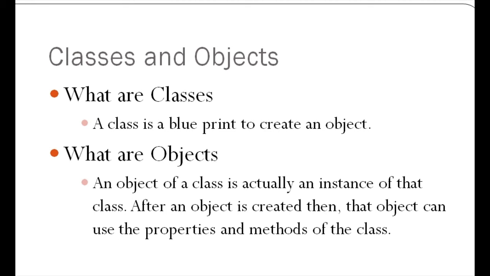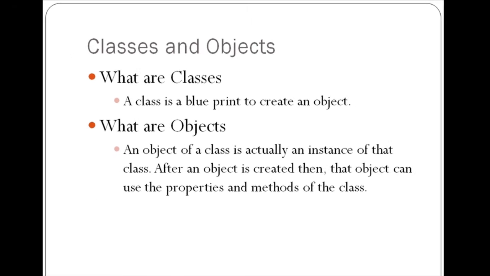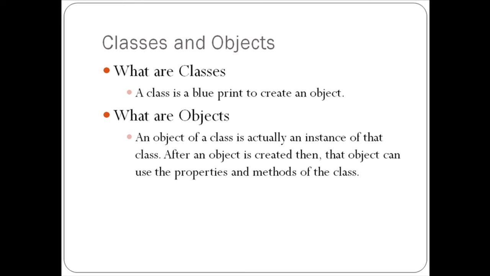The example that you will see a lot is the cookie cutter and the cookie, the cookie cutter being the class and the cookie being the object. Just like the cookie cutter can shape the cookie any way it wants, the class can shape the object any way it wants. So the object can use the properties and the methods of that class, and so on and so forth.